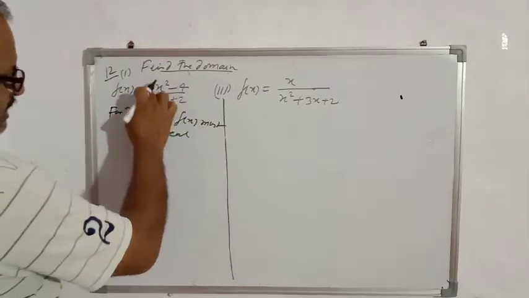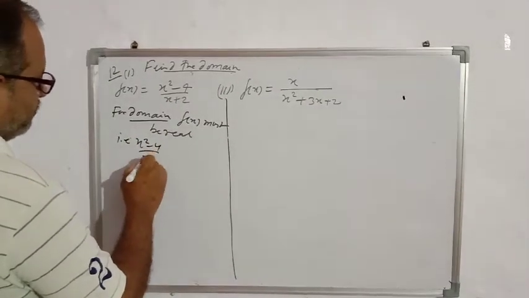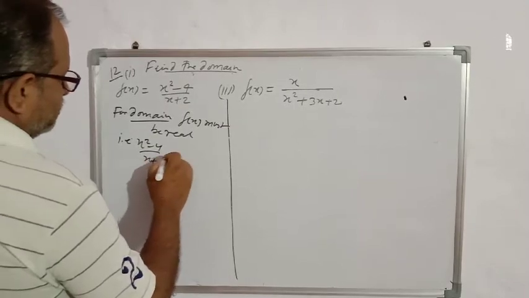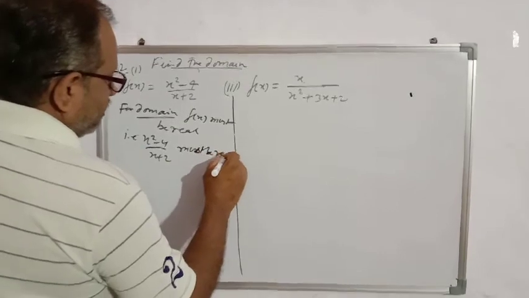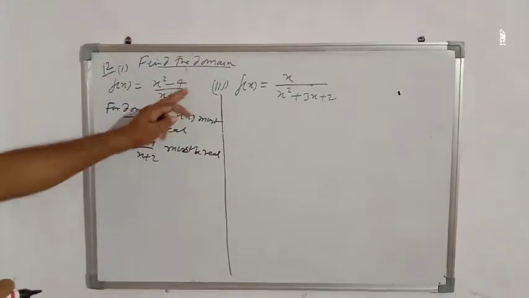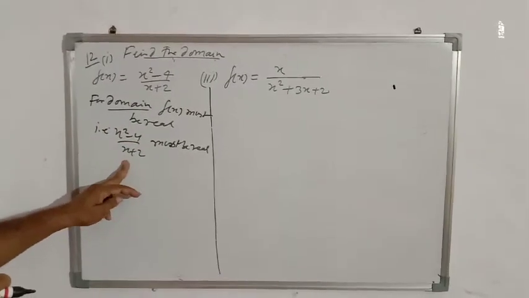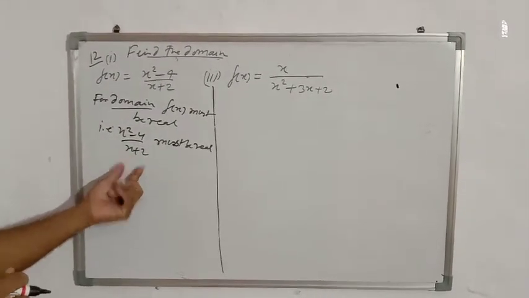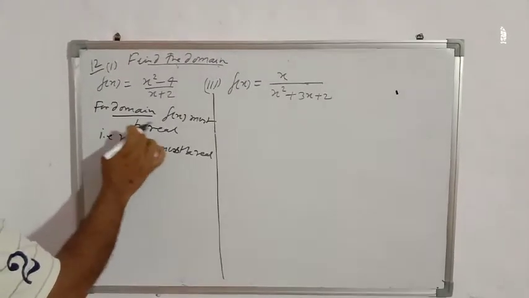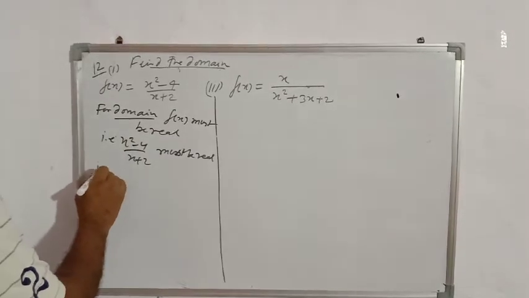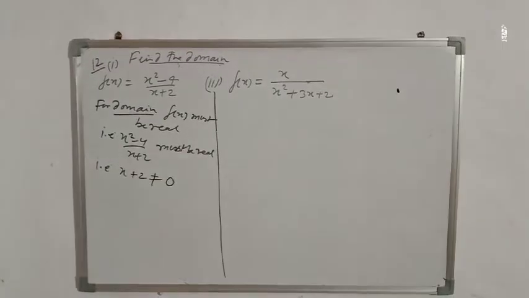When (x square minus 4) upon (x plus 2) is real. So when will this function be real? If the denominator is not equal to 0. If the denominator x plus 2 is 0, then this will be undefined, and we will not get a real number. So it means x plus 2 is not equal to 0.